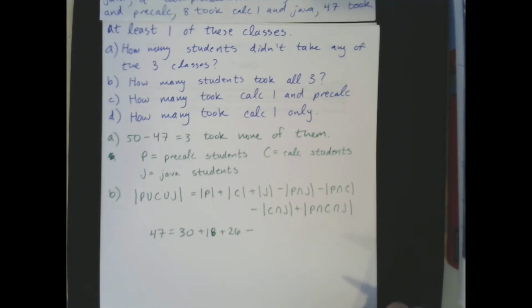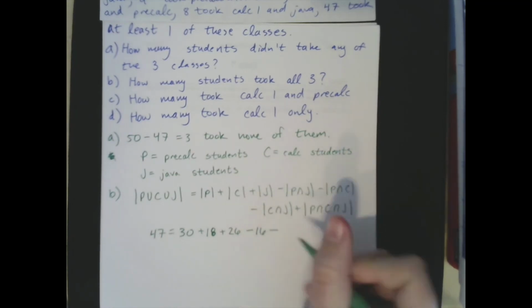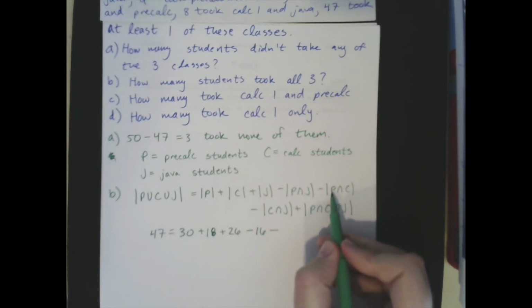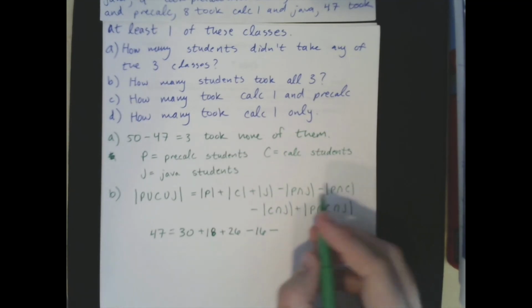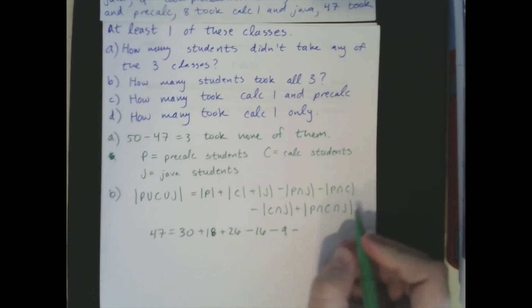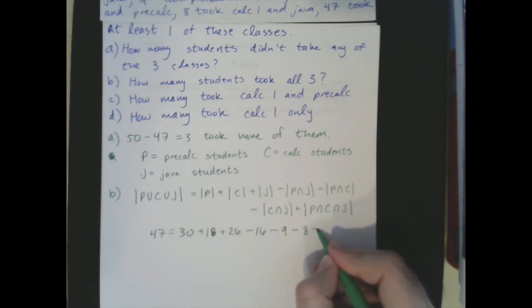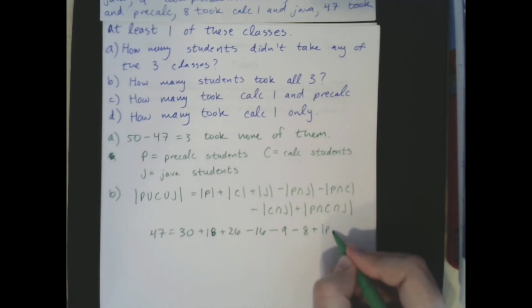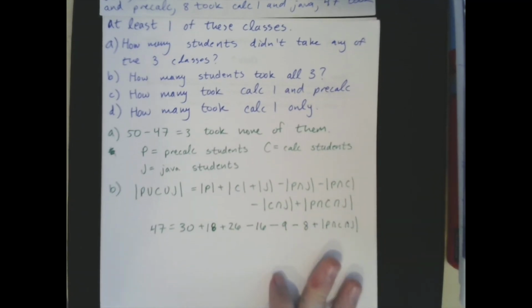And then the students that took pre-calculus and Java, there were 16, minus the students that took pre-calculus and calculus, there were 9, and then minus the students that took calculus and Java, there were 8. And then plus that P intersect C intersect J. So we can use this to solve for what we don't know.